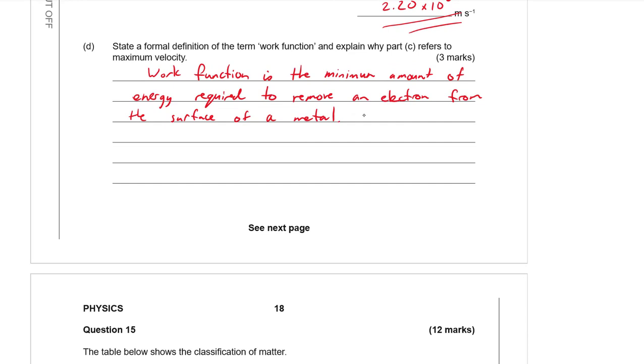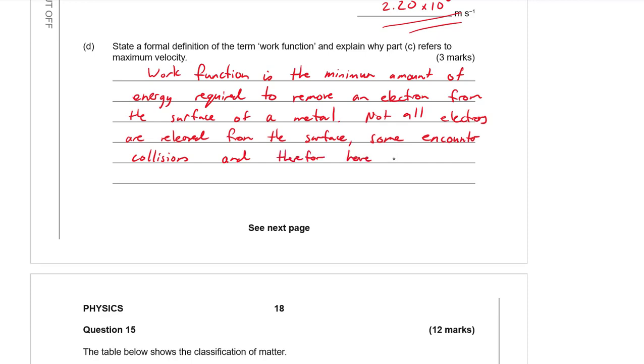So something like: not all electrons are released from the surface. Some encounter collisions and therefore have less energy than electrons released from the surface.